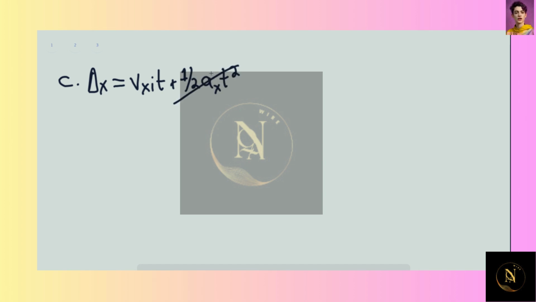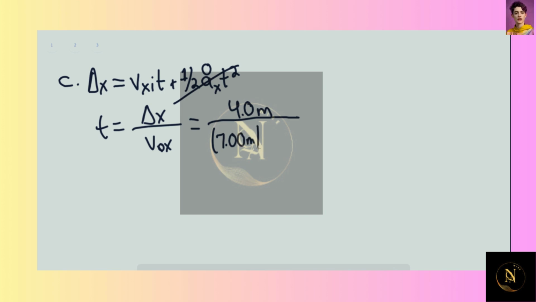Again, there isn't any acceleration, so we don't have to account for that. t is then equal to delta x divided by Vx initial. This is 4.0 meters divided by the initial velocity, 7.00 meters per second, times cosine of the angle 40 degrees, and t equals 0.746 seconds.